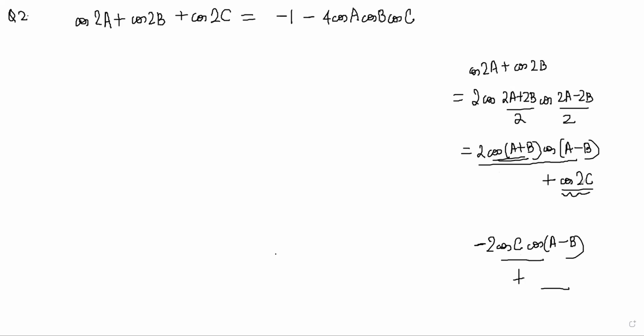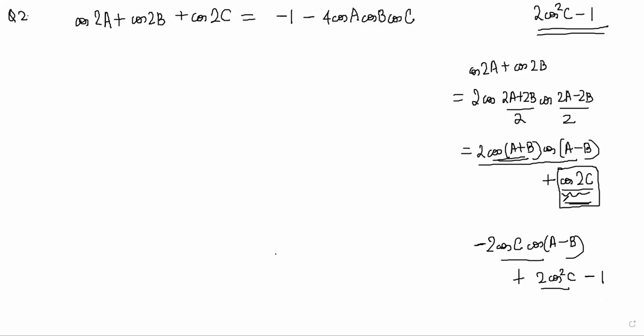So cos 2c you can write as 2 cos square c minus 1, the double angle formula.